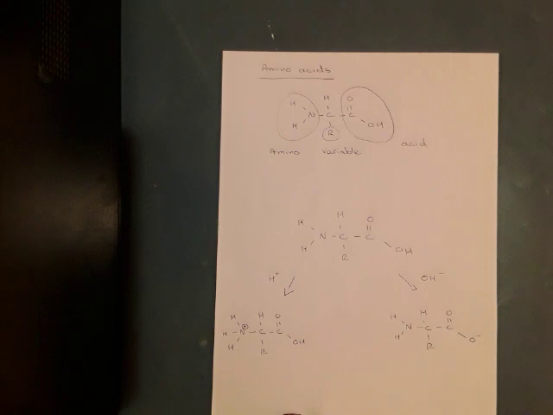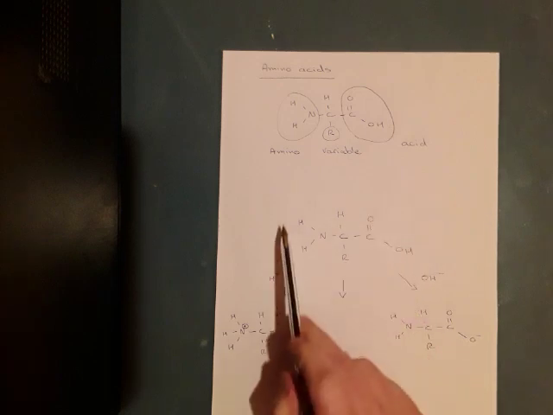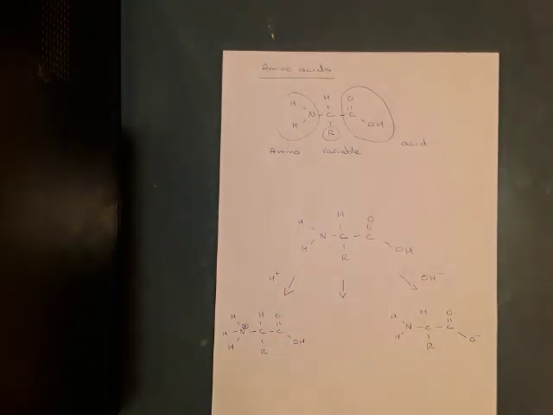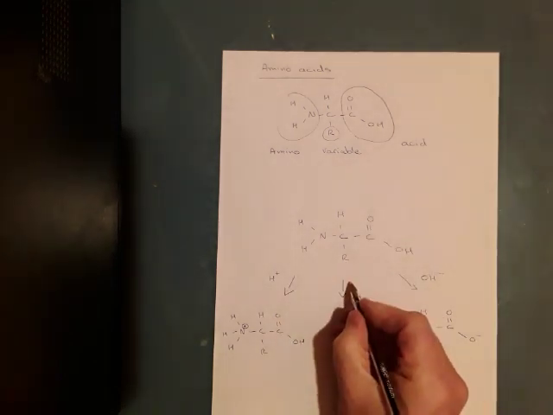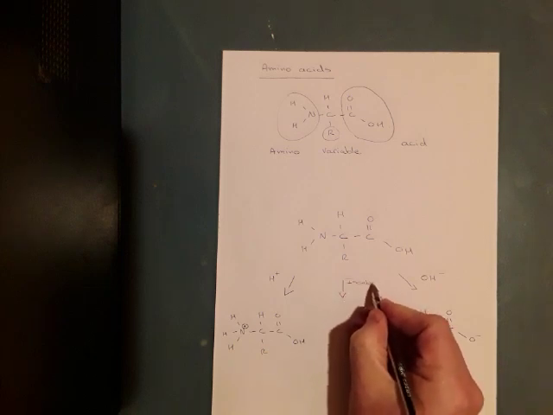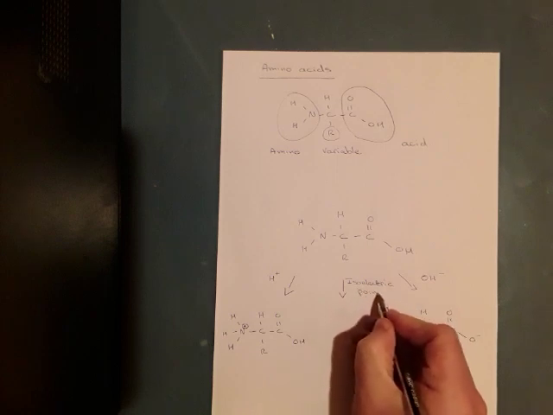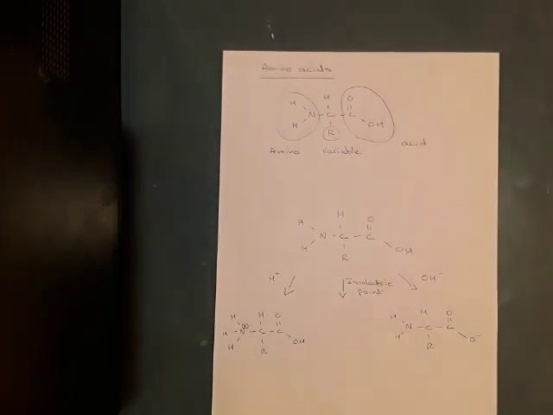ion. Now, this is the structure that I've shown for a general amino acid, but actually, at a point known as the isoelectric point, they exist as a neutral molecule.